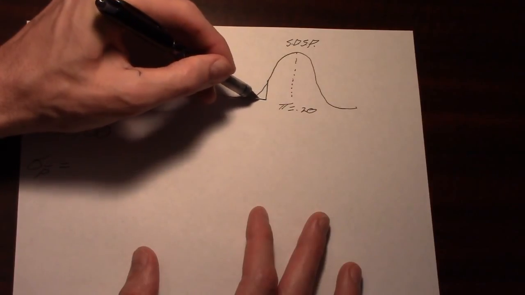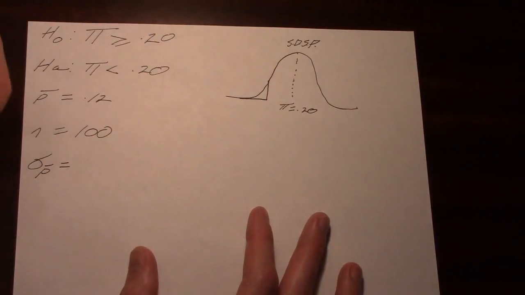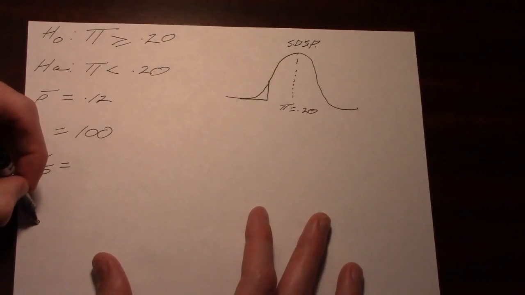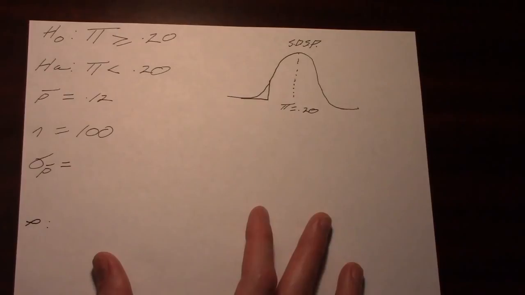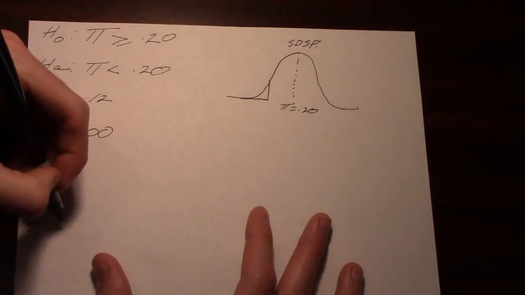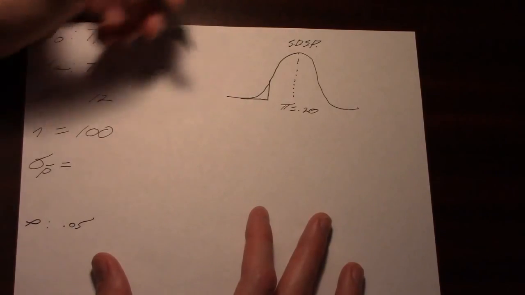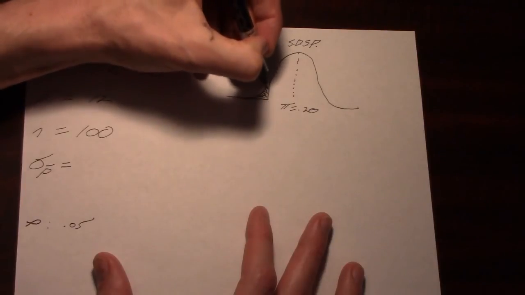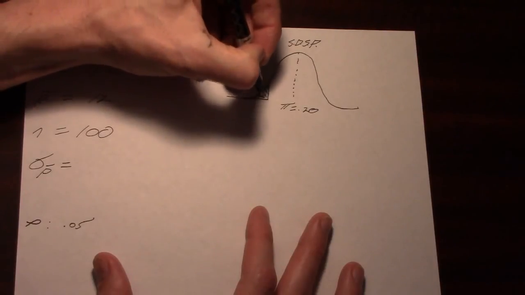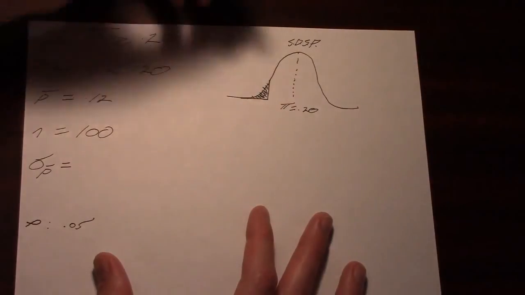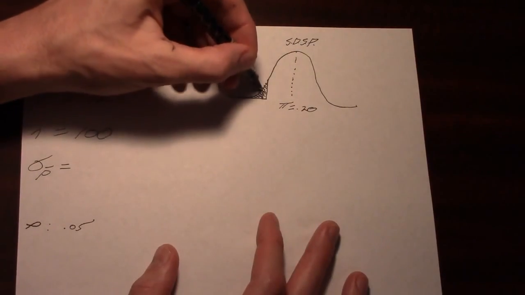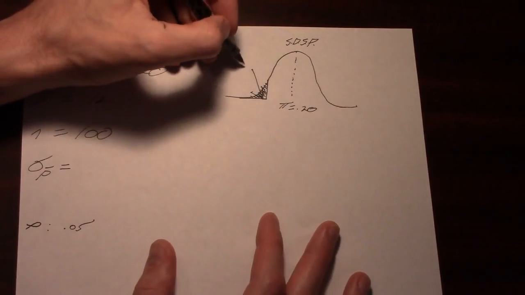And I forgot to put the significance level here, so I'll put it now. Significance level is 0.05. So we're looking for the 5% of the time that we would get a really low sample proportion.